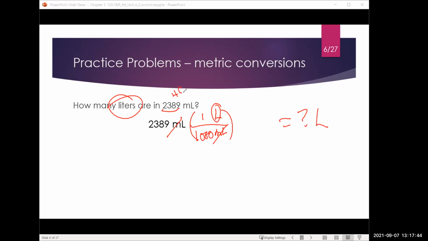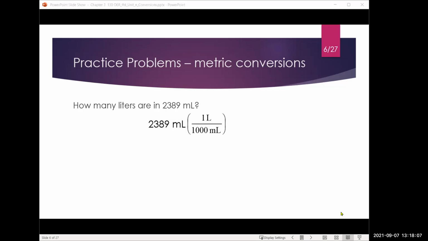The conversion factor 1 over 1,000 is an exact number, and so that's not a factor with respect to your significant digits at the end. All right, so here we go. We do the math, and then we end up with 4 sig figs, 2.389.